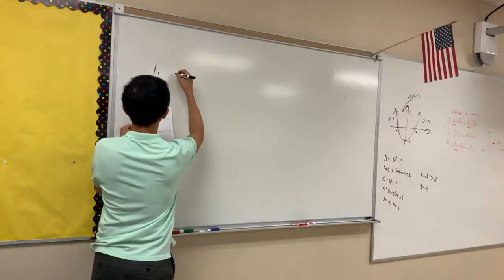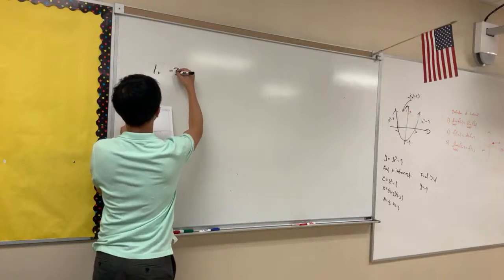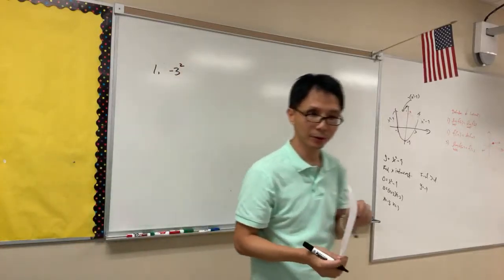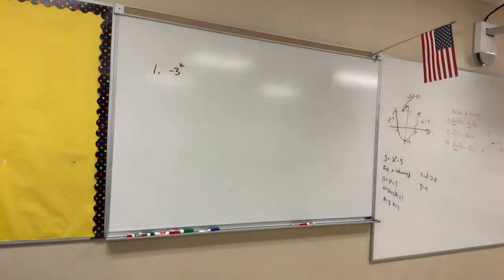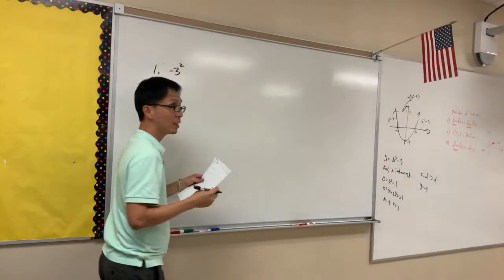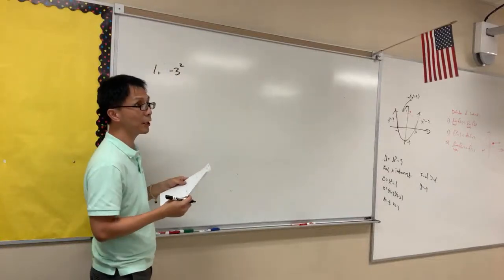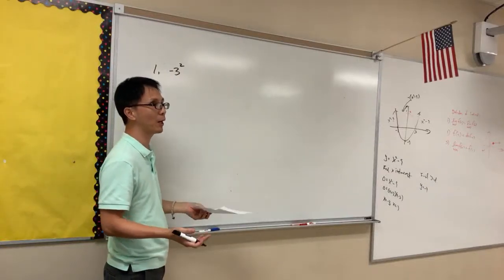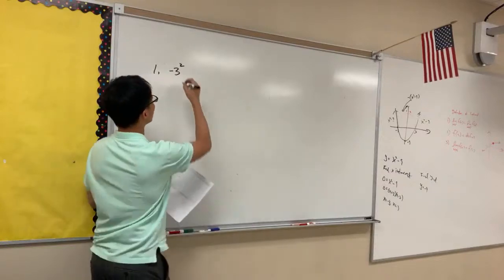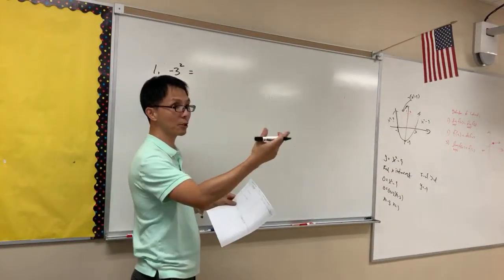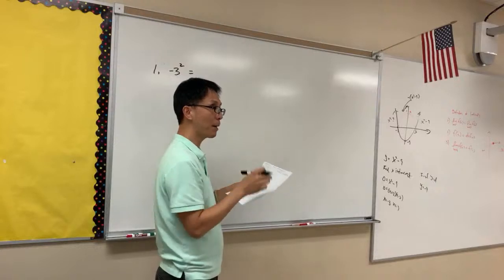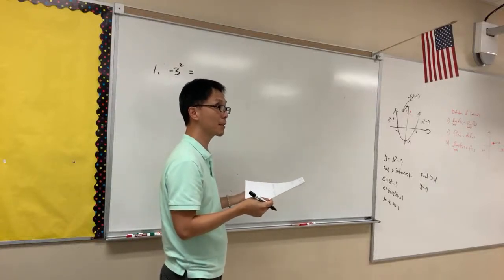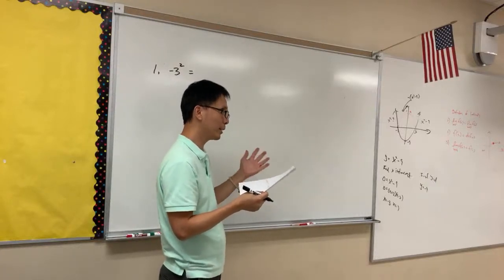The first question says -3 squared. If you mess this one up, this is probably one of the easiest questions on the test. Most of the people who get the paper from me probably mess up because I didn't want to grade after the first question.